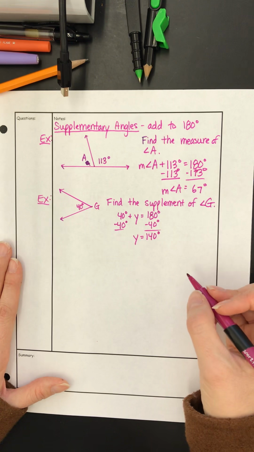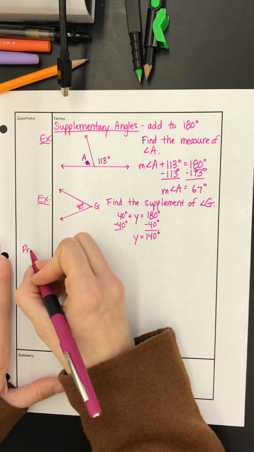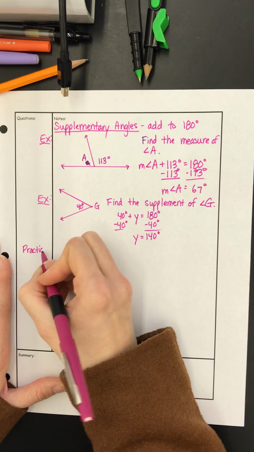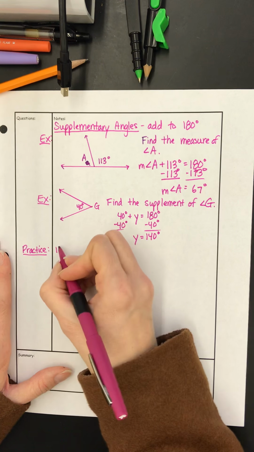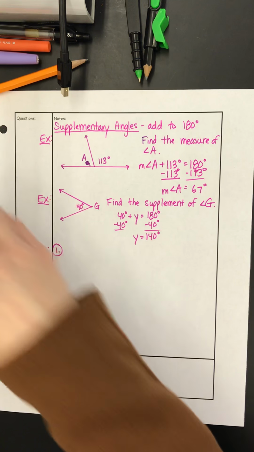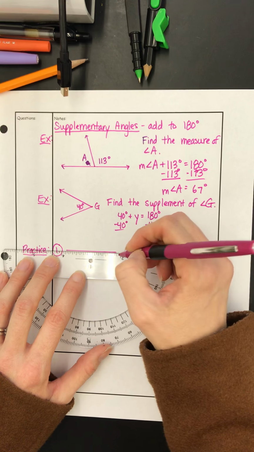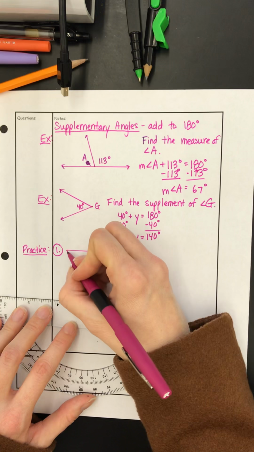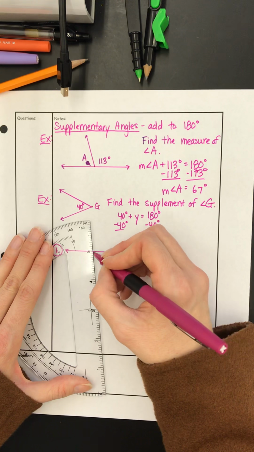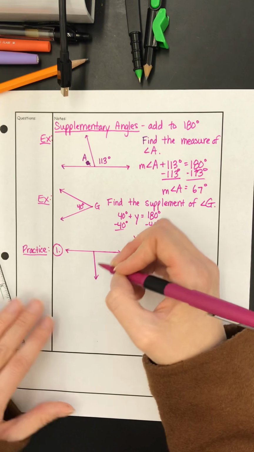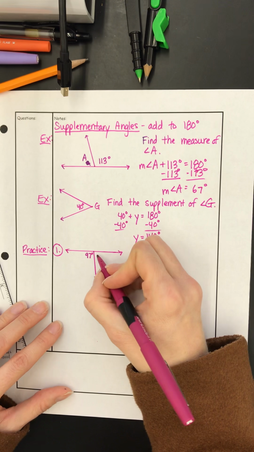I'm going to have you practice, and then I'm going to introduce a kind of cool way of using these problems. So I'm just going to draw the angle on there and have you find the missing ones. Find X here.